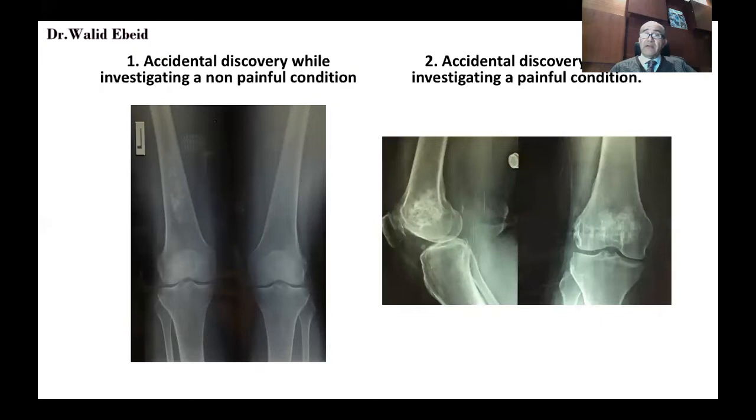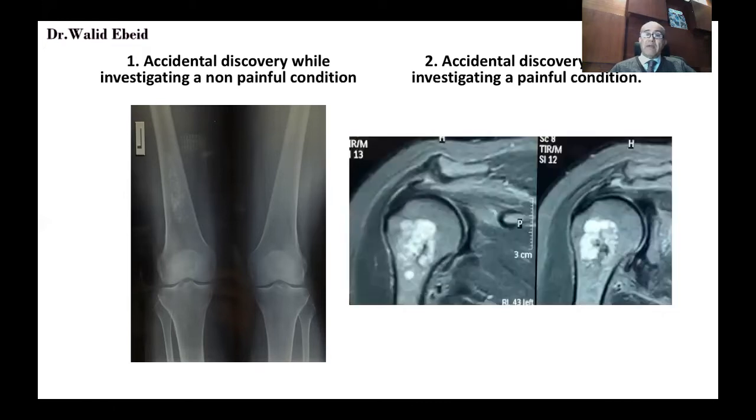The other scenario is this patient with osteoarthritis of the knees, and while she was investigating her osteoarthritis, she discovered an enchondroma of the distal femur. This is a patient who had shoulder pain, and you can see from the MRI that she has rotator cuff supraspinatus tendinitis, and an enchondroma was discovered while she was investigating her shoulder pain.